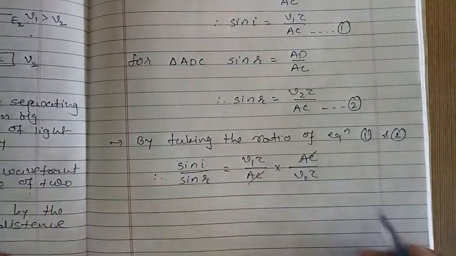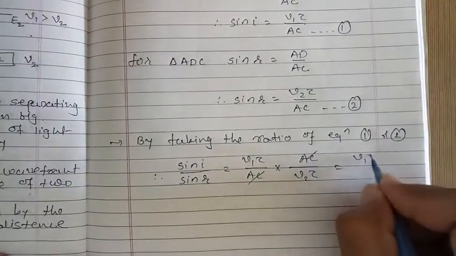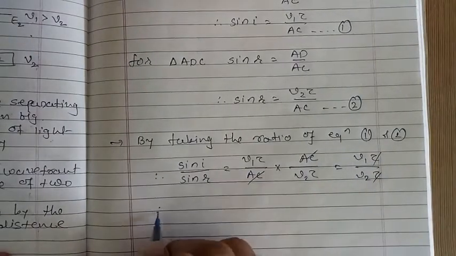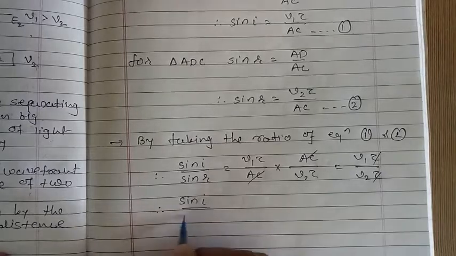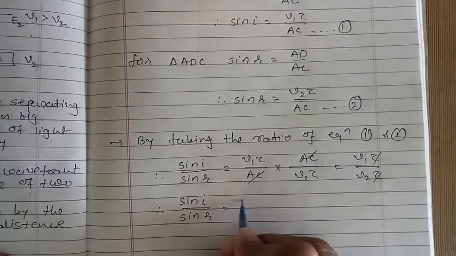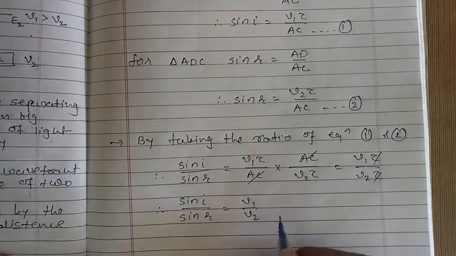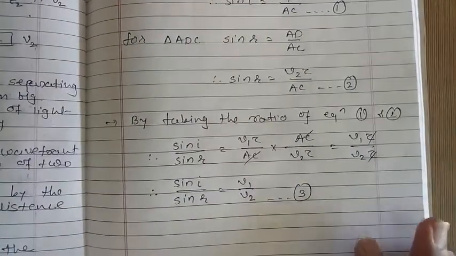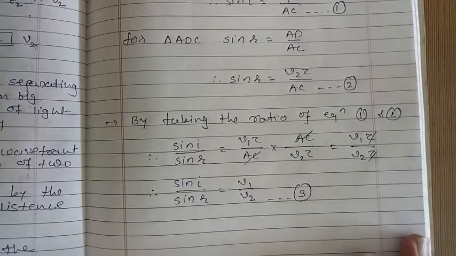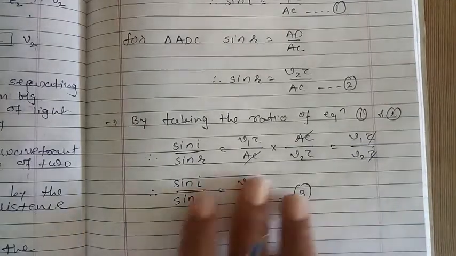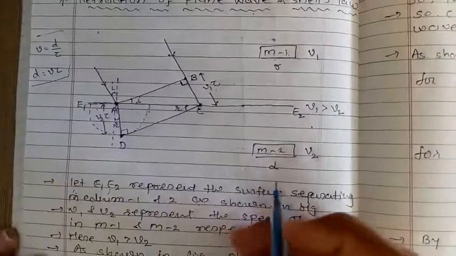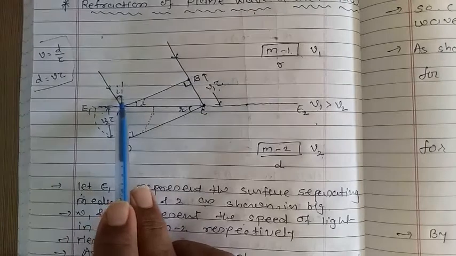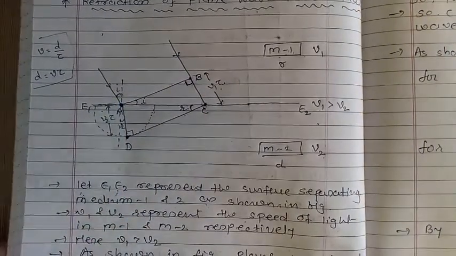So here AC cancels, so we get V1 tau upon V2 tau, here tau cancels, so we get sin I upon sin R is equal to V1 upon V2. Equation number 3. Right. Now here we can see in this figure that I is greater than R, right?